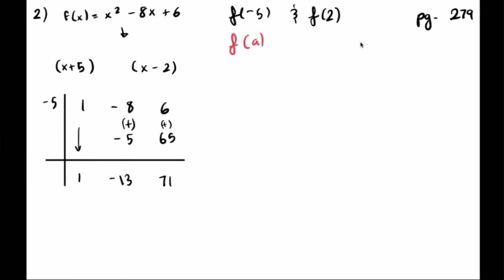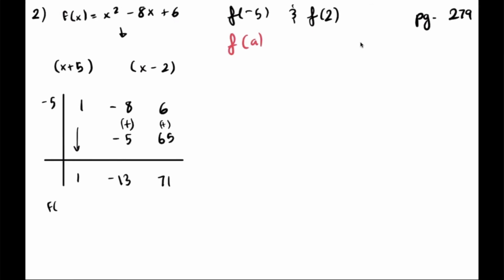Now you're going to use f of negative 5 to substitute to see if the remainder is correct. So you will substitute negative 5 squared minus 8 times negative 5 plus 6.